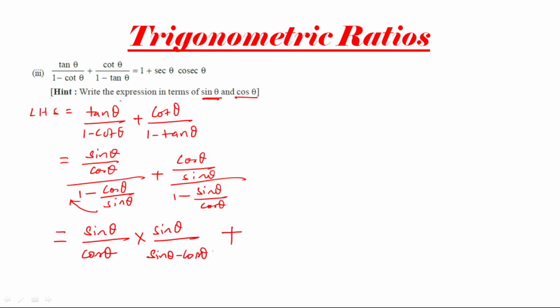Then in between, plus again cos theta by sin theta into cos theta, same way, and it will become cos theta minus sin theta. Okay, right.